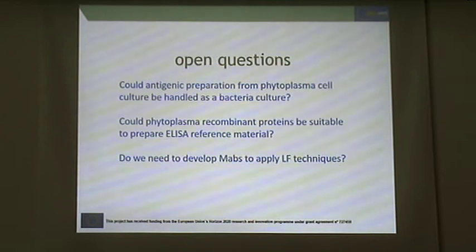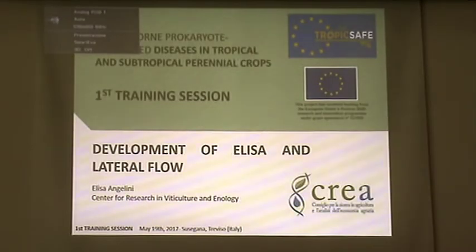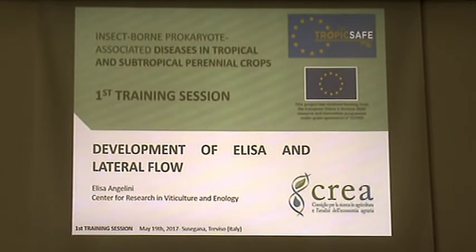And then about the lateral flow, it was about the use of polyclonal or monoclonal antibodies. So actually, I will only speak about the possibility of using a recombinant protein coming from the membrane protein of phytoplasma.